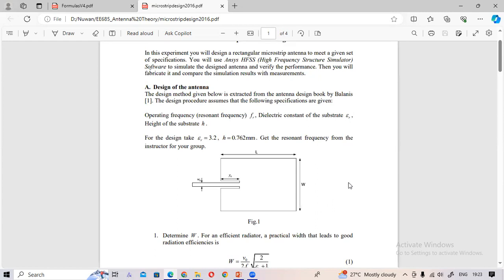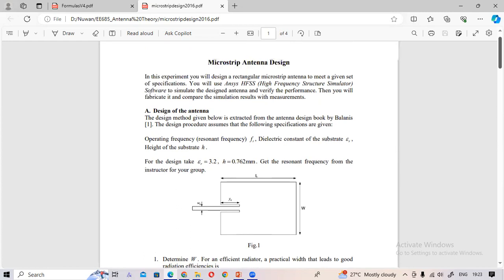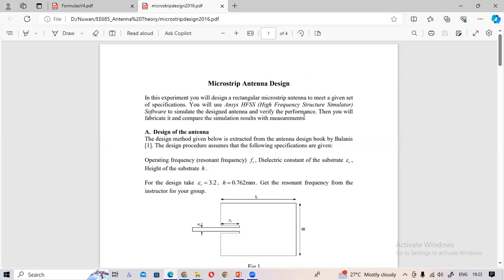Okay, so we will see how to design a microstrip antenna. As I told you, a microstrip antenna is designed on a substrate. I show you a microstrip antenna. It is something like this.